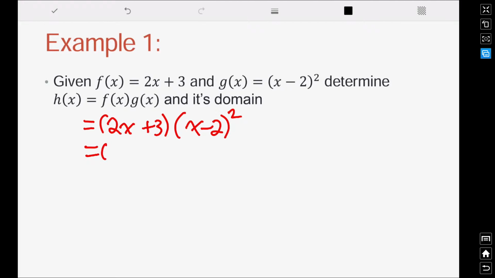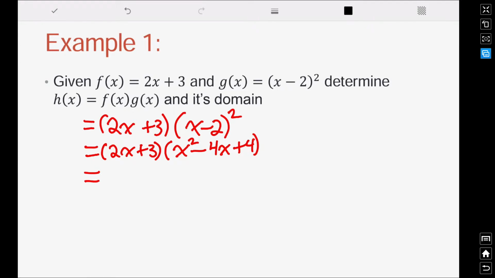So, this will be 2x plus 3 times x minus 2 squared. If I use my double square technique for squaring a binomial, this will be x squared minus 4x plus 4.